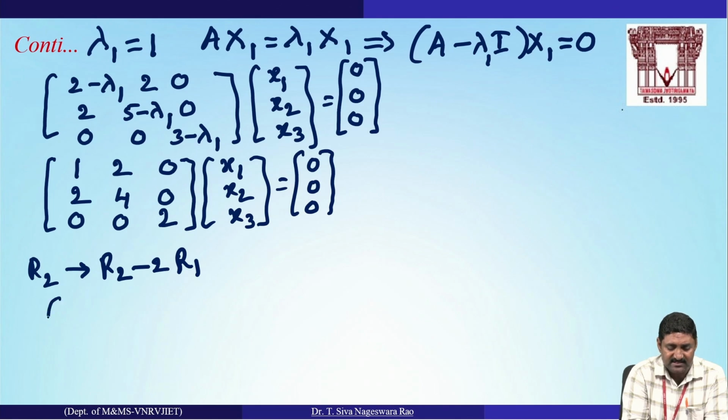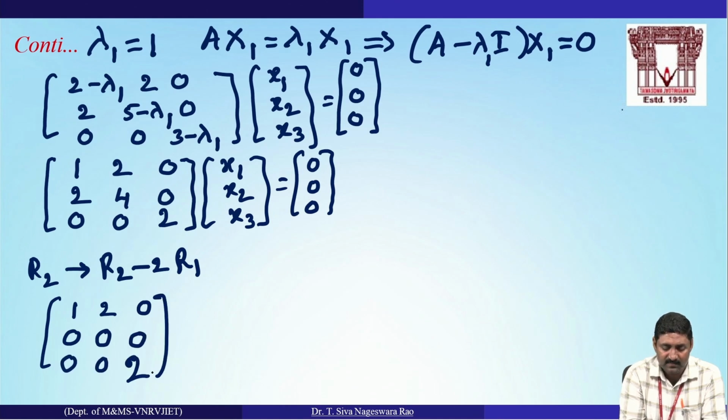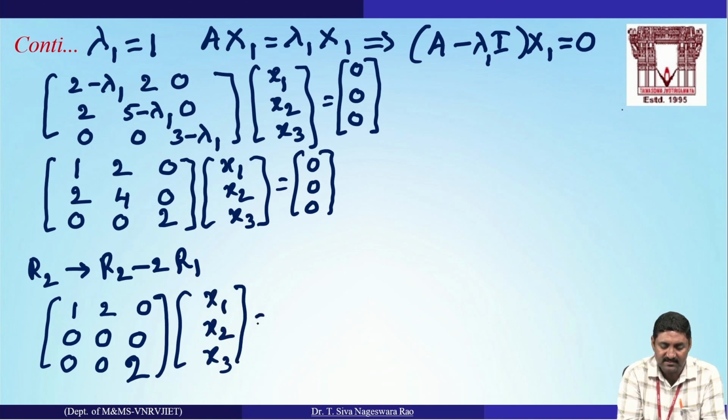So from this 1, 2, 0, this is 0, R2, 4 minus 2R1. This is 0 and this one is 0. Third row 0, 0, 2 multiplied by x1, x2, x3 is equal to 0, 0, 0.